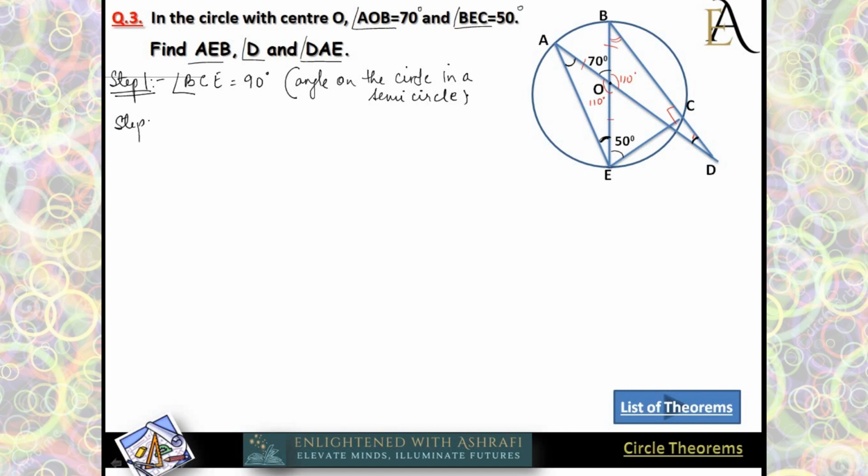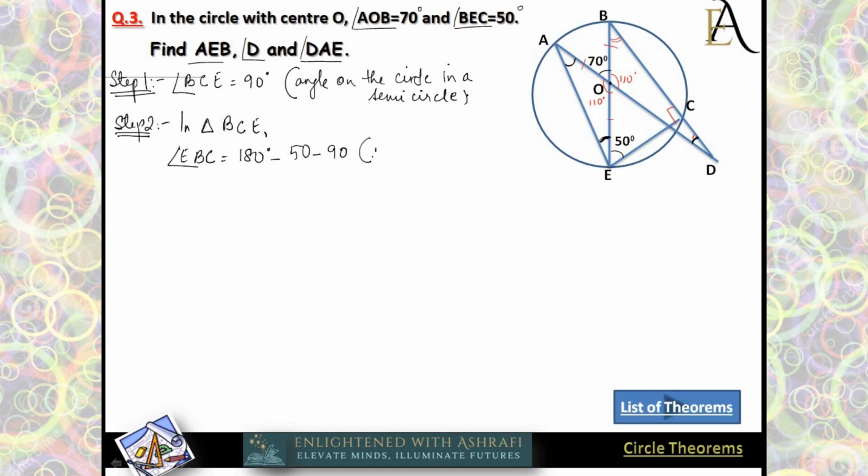Step 2, in triangle BCE, angle EBC is equal to 180 degrees minus 50 minus 90.